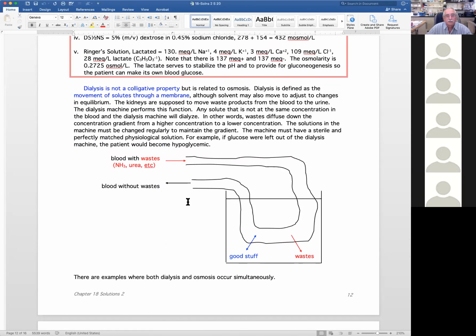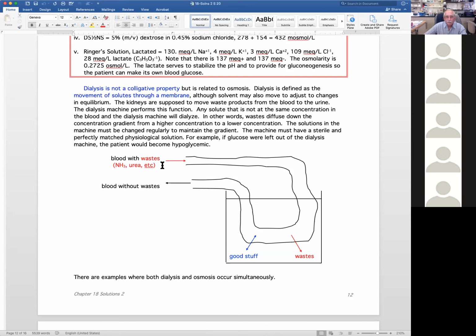What is dialysis then? Dialysis is not a colligative property, but it is related. Dialysis is movement of solutes through a membrane. So you know about kidney dialysis, right? When your kidneys are no longer good at removing waste products from your blood.